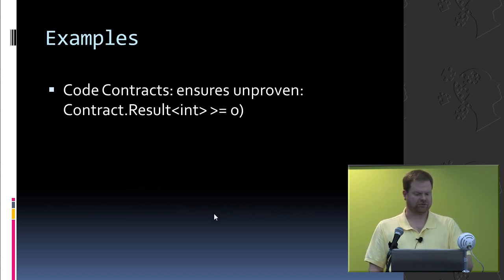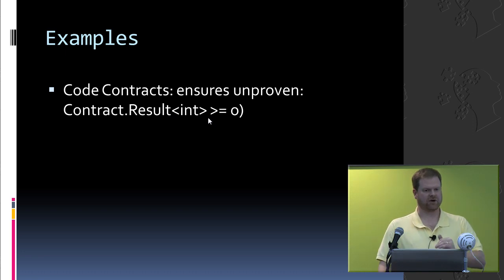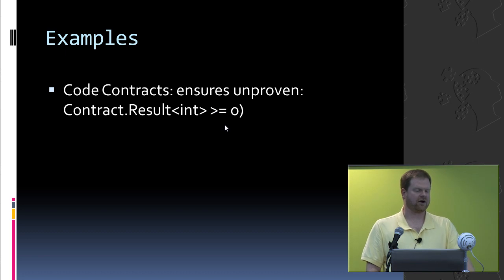So just a quick example showing that the ensures was unproven. This was the nice, helpful warning that told me, you didn't quite prove your post condition, and right above it was another code contract warning that told me, but if you add this requires, you'll take care of this issue.